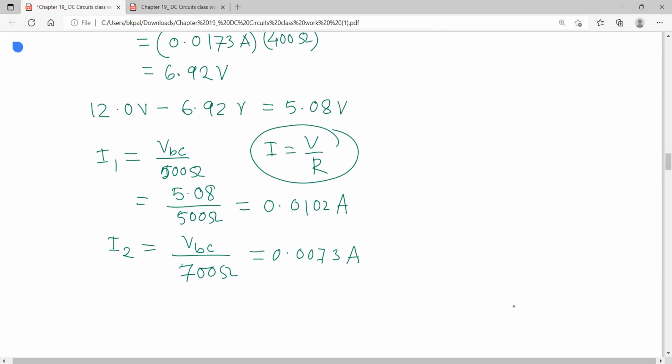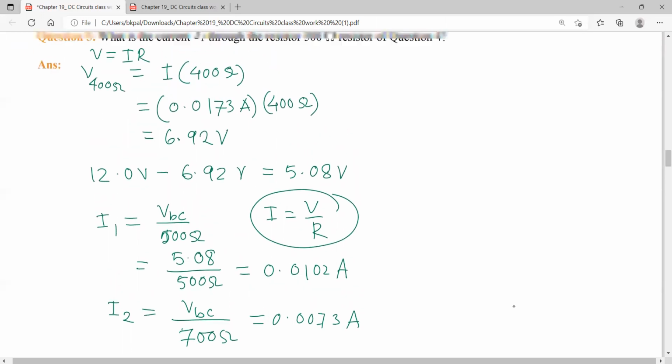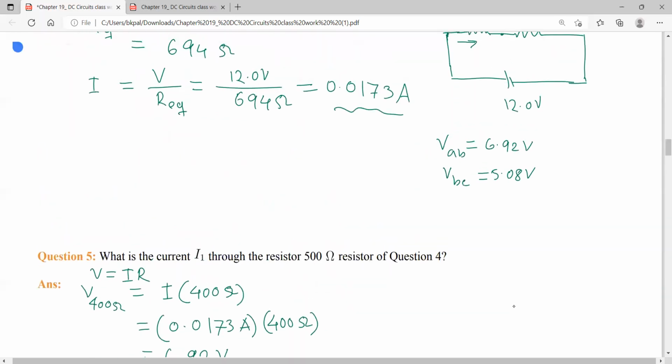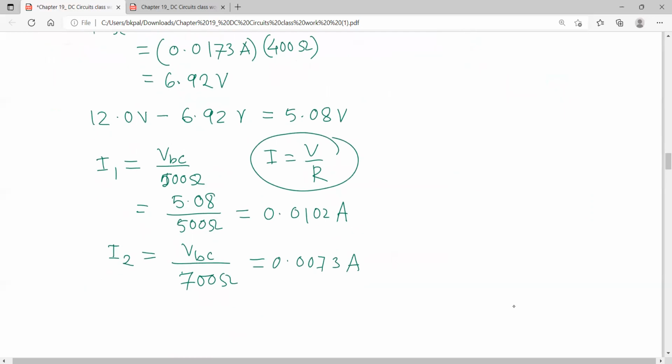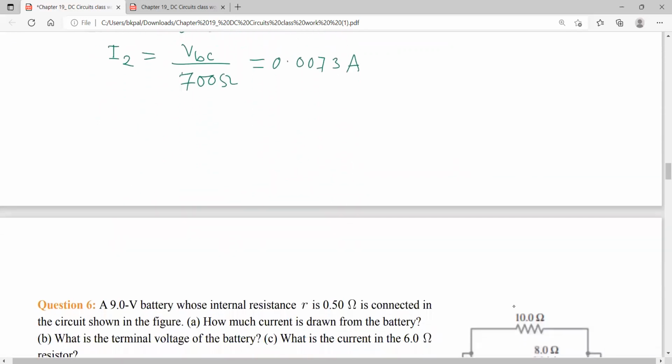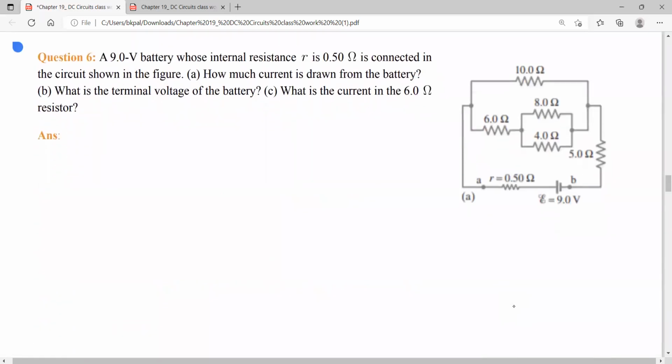If you add I1 and I2 together, you should get back I. All right, the last one is this one.